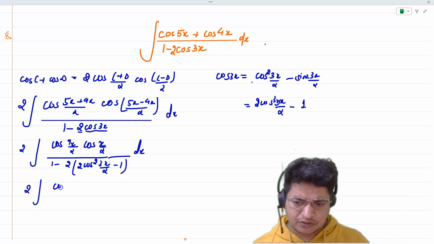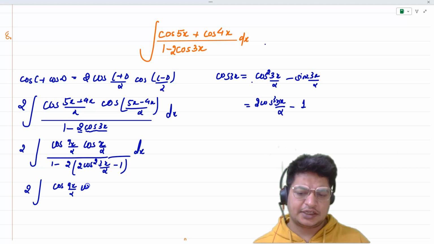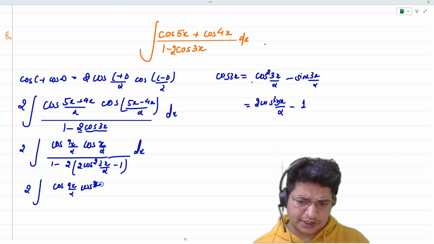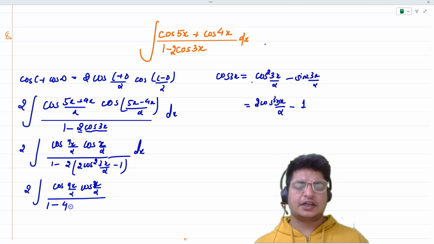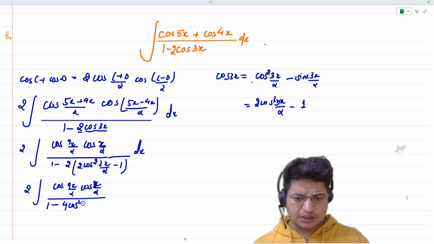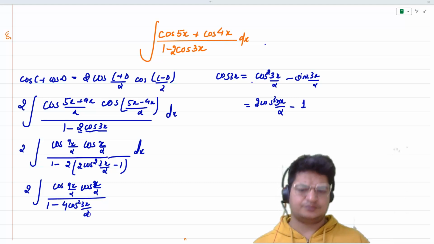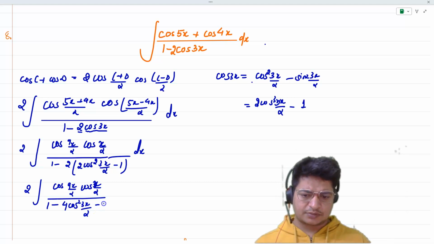You will get cos of 9x by 2, and this one will be written as cos of x by 2, and the denominator will be 2 into 2, which is 4, cos square 3x by 2, and we can also multiply 2 with minus 1. You will get plus 2.